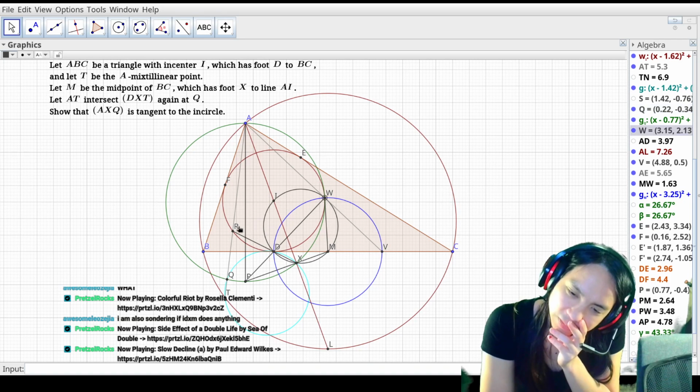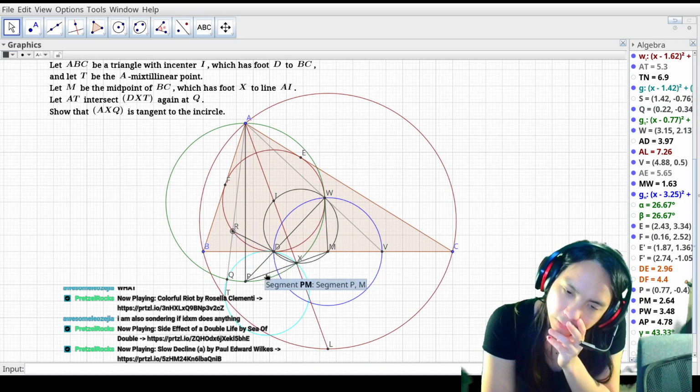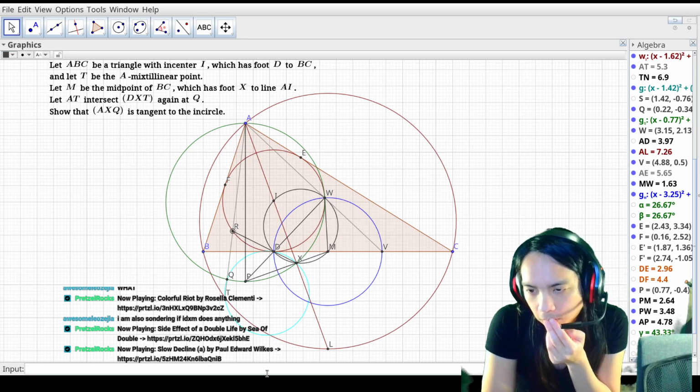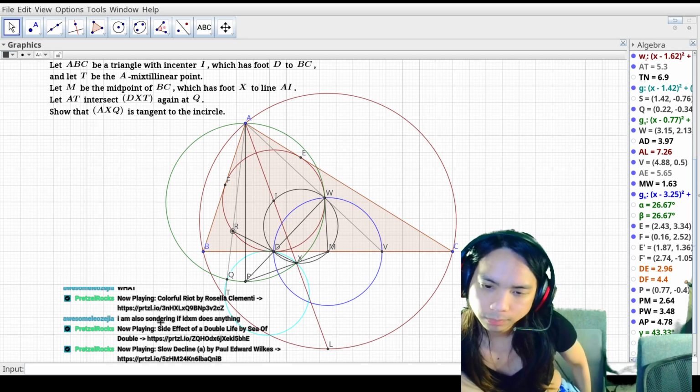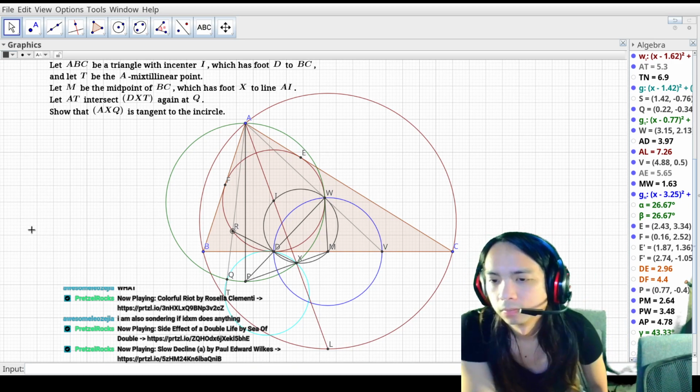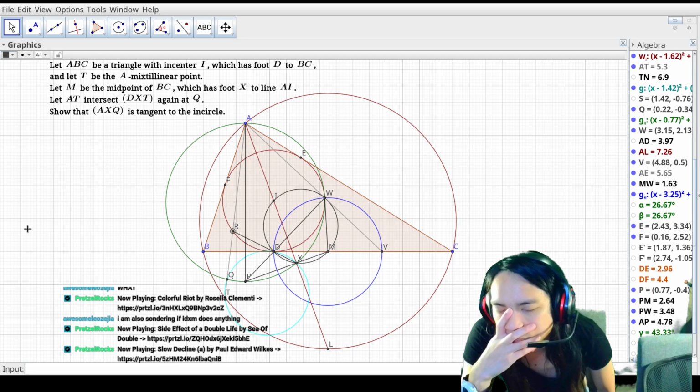So W is the reflection of R across the angle bisector. And then... I feel like I didn't actually use P. Maybe P is not that important. I'm not sure.